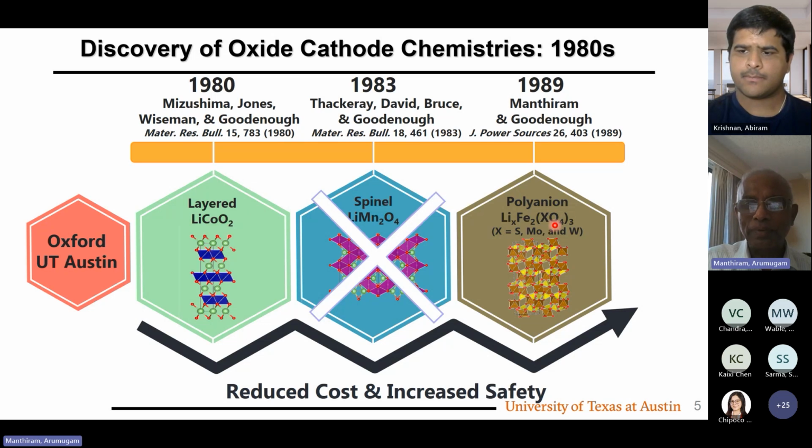Here the polyanion sulfate or phosphate, they hold the oxygen very tightly, so they don't lose oxygen when you overcharge or during operation. So safety-wise, this is also better. They were all already built in the 1980s. Everything we use right now, commercial, is based on these two families of cathode. Right now, this is out because it has a lot of cyclability issues. So at least to tell you, anything you develop will take 20, 30 years before you put it in the device or put it in the market.